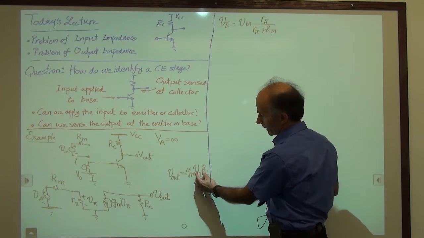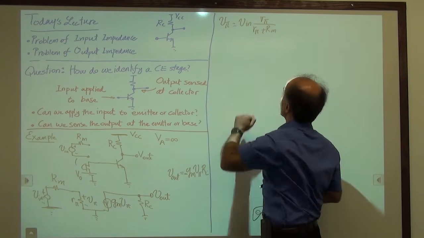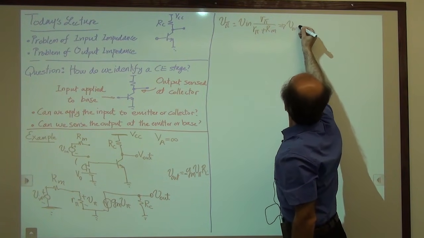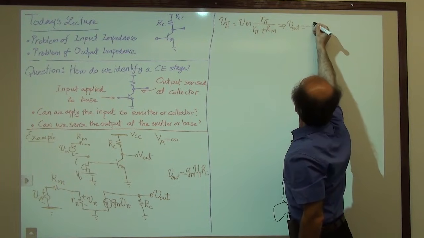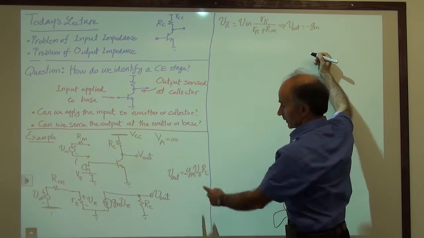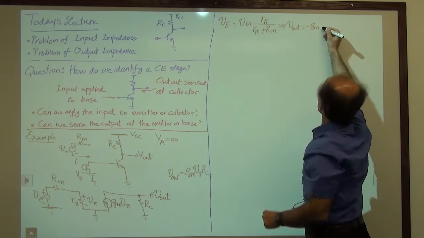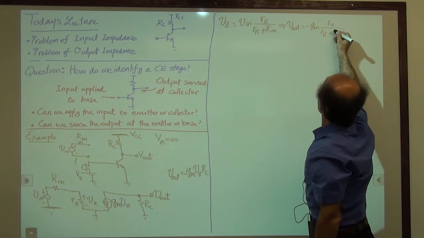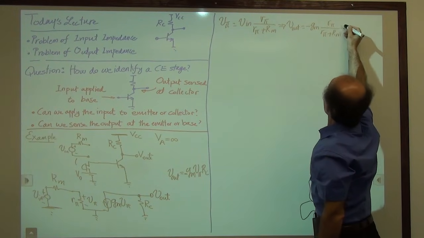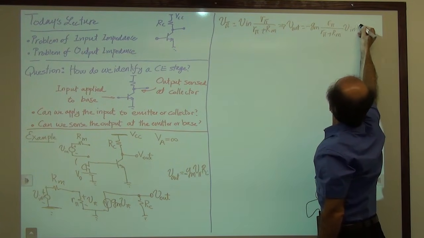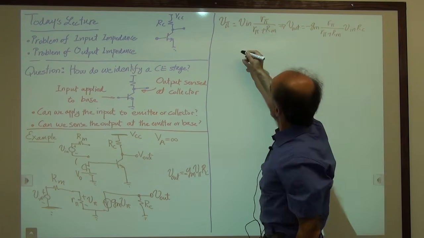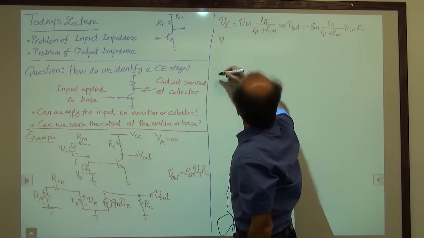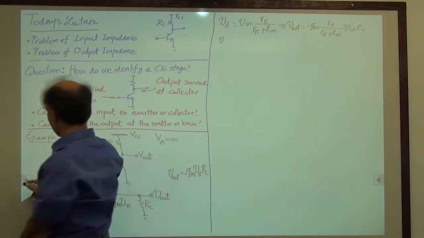So now I go ahead and replace V pi with this equation, which tells me V out is equal to minus Gm times V pi, which is this, R pi over R pi plus Rm times V in times Rc. So that says that V out, okay, I'll keep it like that.